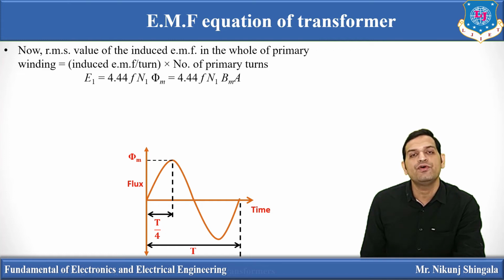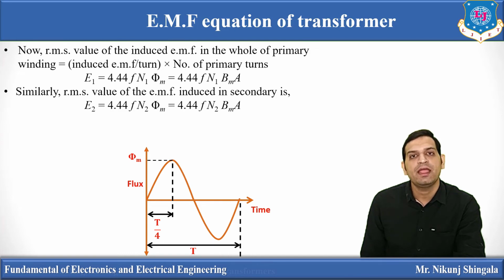So E1 is equal to 4.44 f N1 phi m, that is 4.44 f N1 Bm A, because phi m is equal to Bm into A, where Bm is the maximum flux density and A is the cross-sectional area. The secondary has N2 turns, so the RMS value of the induced EMF in the secondary coil is E2 equal to 4.44 f N2 phi m, which is 4.44 f N2 Bm A. These are the RMS values of the induced EMF in the primary and secondary coils.